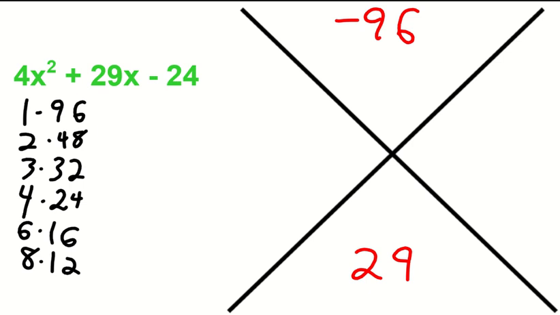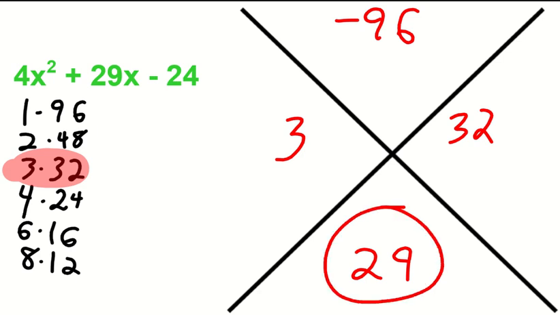All right, so we're looking for 29. Only way we can get 29 out of these is right there, the 3 and the 32. So we got our 3, we got our 32. Said the signs have to be different because we got a negative number on top and a positive number on the bottom. So that means the bigger number, the 32, has to be positive. That makes the 3 our negative number.